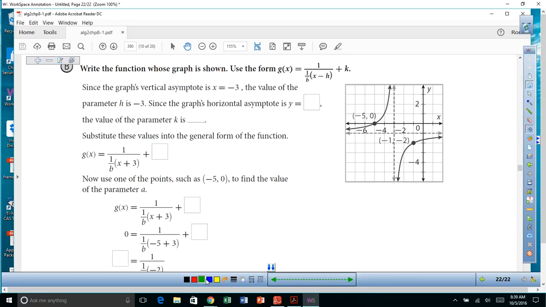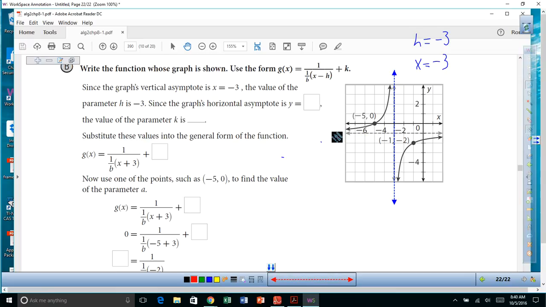Let's go ahead and graph that. Okay, so that tells us that x equals negative 3. That says our h is negative 3. Remember that? If x is negative 3, h equals negative 3. Good. And then we have a horizontal asymptote right across through here, and that was supposed to have been red.